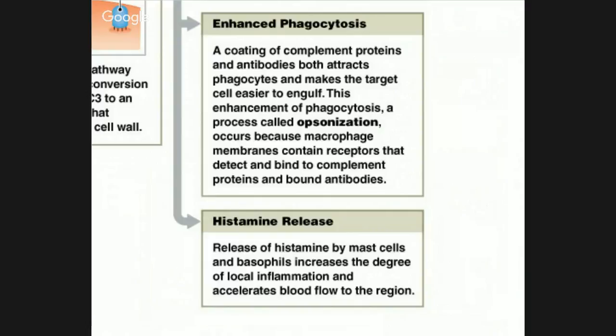The definition for opsonization is just enhanced phagocytosis. So when something like C3b attaches to the surface of a cellular pathogen, it will increase the ability of phagocytes to find and destroy that.